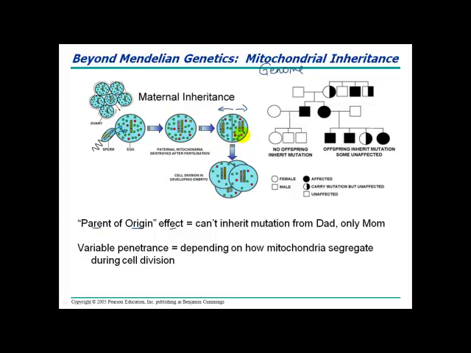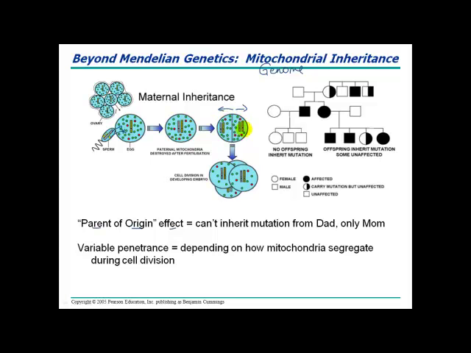We can have variable levels of inheritance of the mutation in the mitochondria that carry those mutations themselves, right? So these little red spheres are meant to depict mitochondria that have the mutation, and as we can see in this depiction, just by random chance, this daughter cell that's being formed during cell division is inheriting more mutant mitochondria than this daughter cell.